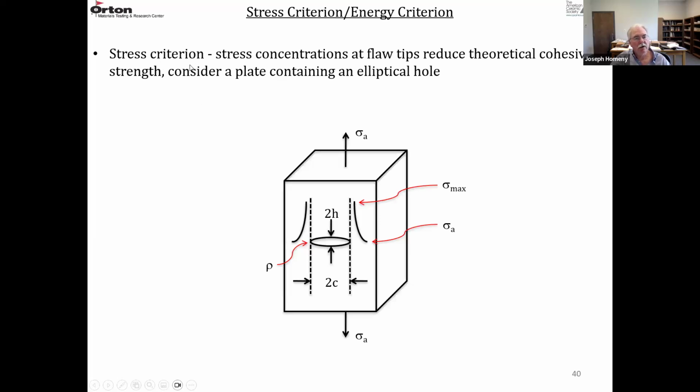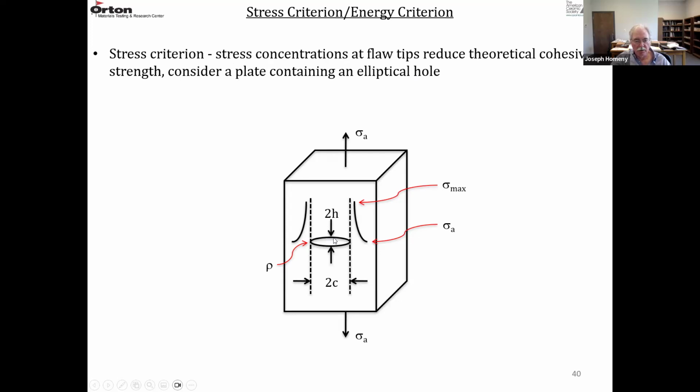So in the stress criterion, we have stresses that are concentrated at the flaw tips. And as I mentioned, they're going to reduce the theoretical cohesive strength. So this is a plate that has some thickness T. And in the middle of that plate, we place an elliptical hole.